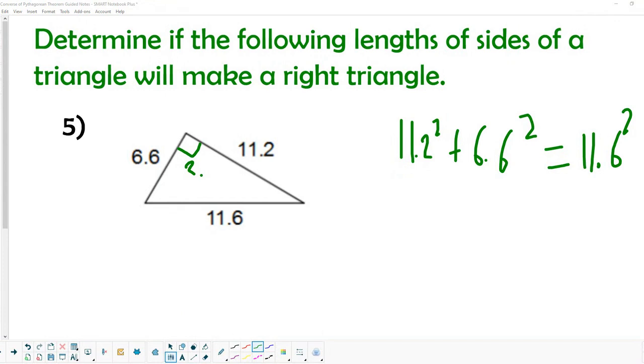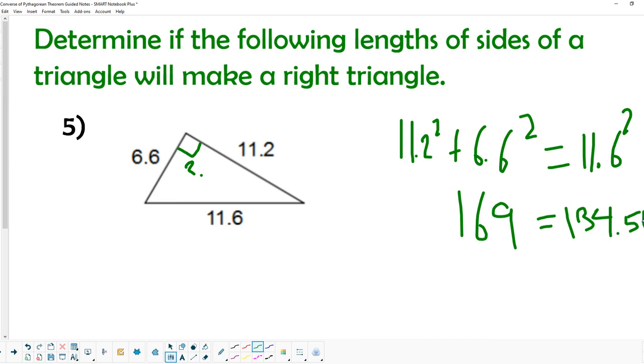So 11.2 squared plus 6.6 squared equals 169. So the left side of this is 169. And the right side, 11.6 squared is 134.56.